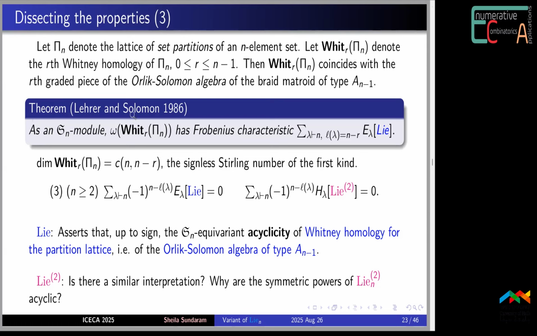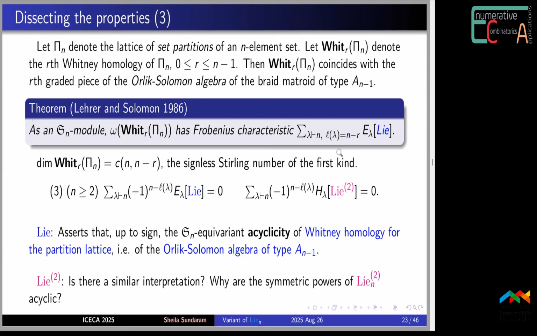So Lehrer and Solomon proved this theorem that as an S_n module, the rank r Whitney homology of the partition lattice tensored with the sign has this Frobenius characteristic. So it's the sum of these E_lambda, but now you're taking the sum over partitions of n where the length of lambda is n minus r.